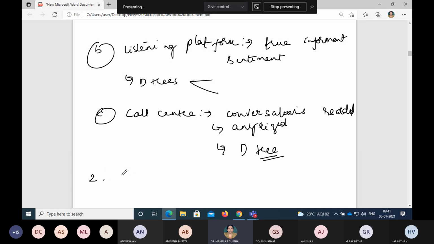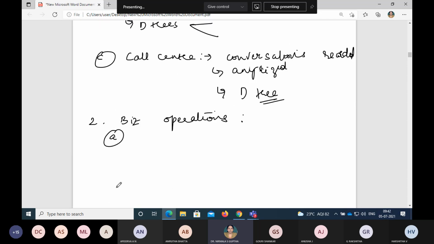The second application is business operations. So what are these business operations? Many aspects of business functioning can be very accurately gauged as a business operation from the analysis of text. Again it comes with the example of social networking, or people analyzing the sentiments or emotions of investors, because when I'm talking about business, automatically social media comes into the picture.